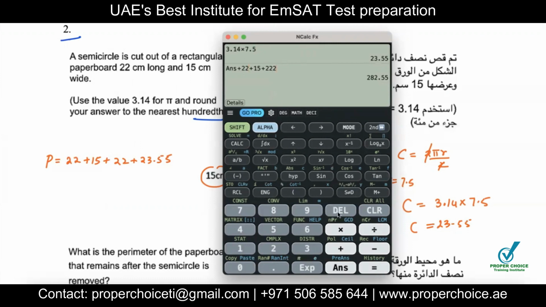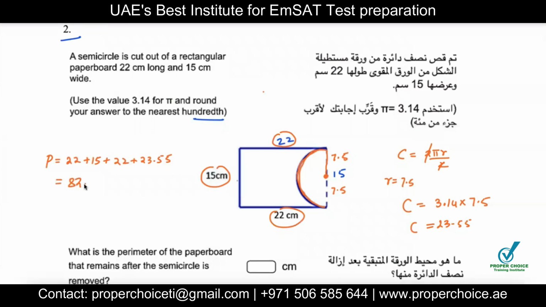It's going to be 82.55. So I'm getting the perimeter as 82.55. The question says round your answer to the nearest hundredth. So it's already rounded to the nearest hundredth. So you can say 82.55 will be the answer.